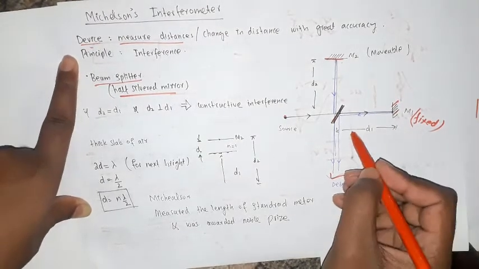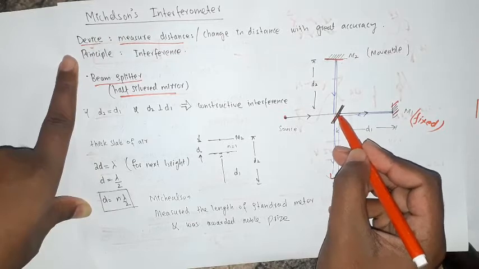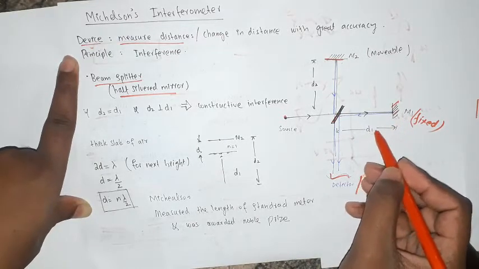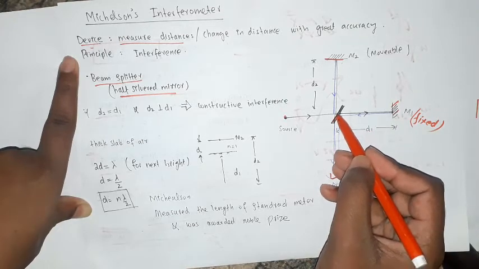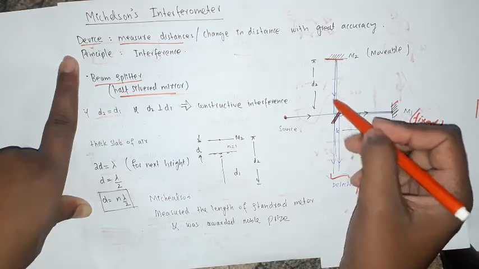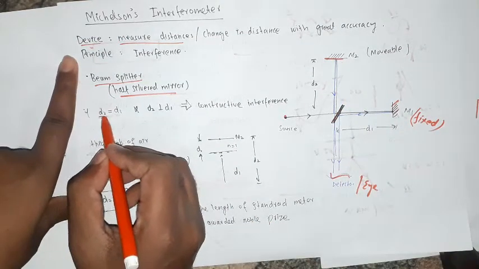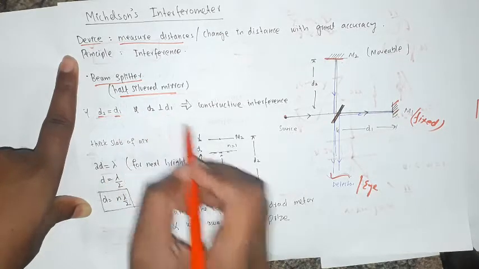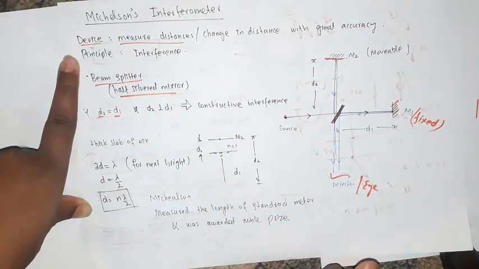Let the distance from this beam splitter to this fixed mirror M1 be D1, and the distance from this beam splitter to this movable mirror M2 be D2. If D2 is equal to D1 and D2 is perpendicular to D1, then we can have constructive interference.